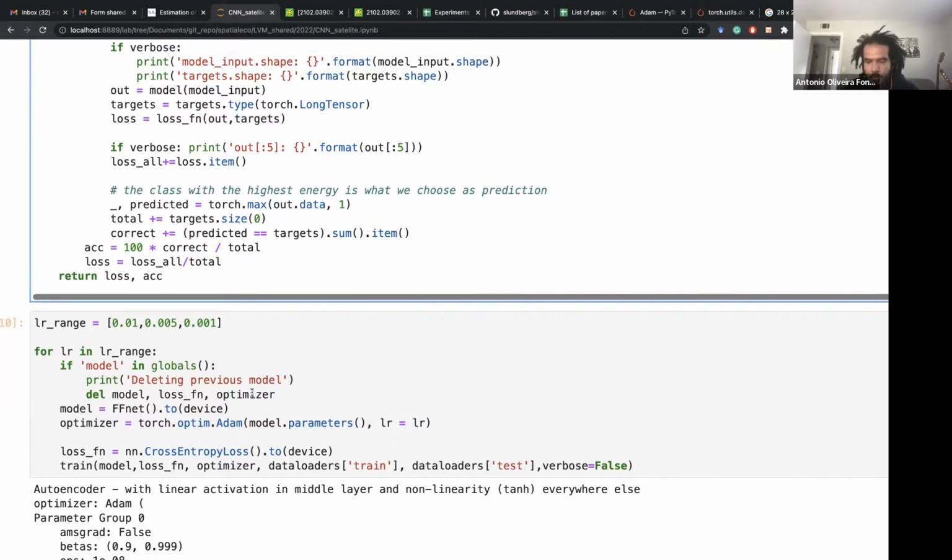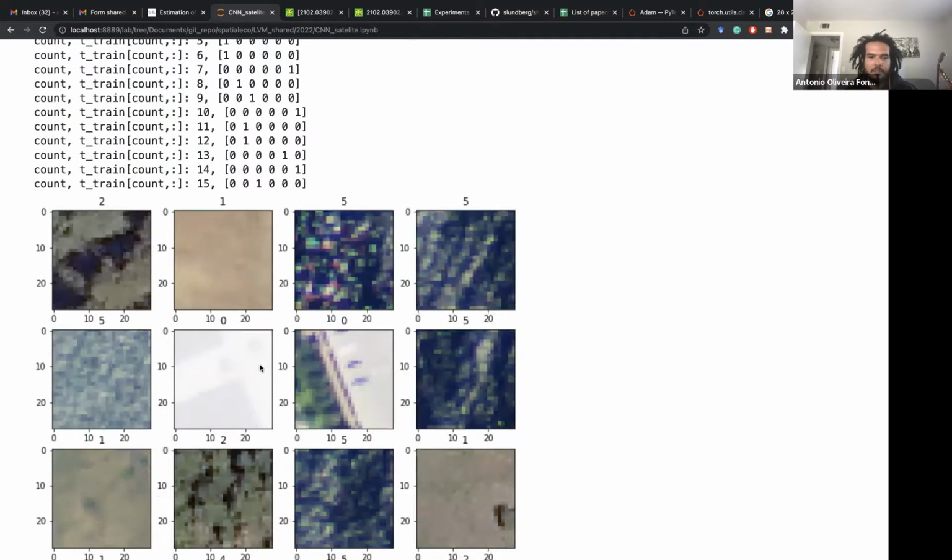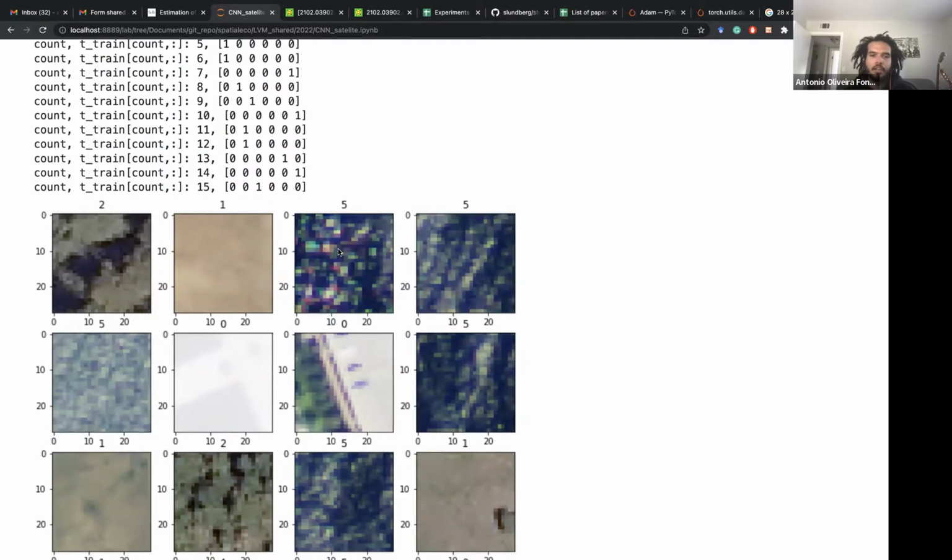So one thing that you can do is to consider that you now have a distribution for each sample. One sample has a distribution of how good is the fit for each one of the classes, right? So let's say we're going to have this output in terms of probabilities. For example, for one sample, let's go back to the samples here. If I give you this one sample, let's say that it had a probability of being barren land of 1%. It had a probability of being roads of 2%.